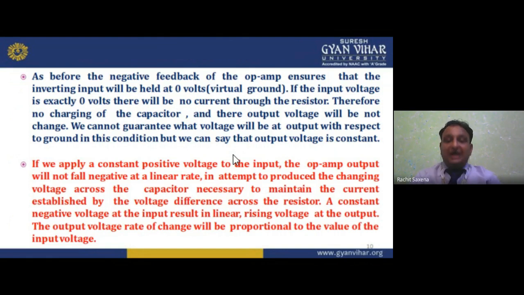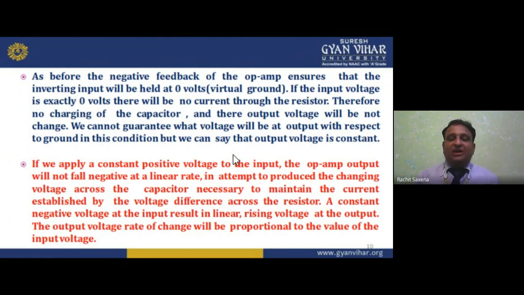We cannot guarantee what voltage will be at the output. Why? If current is not flowing, capacitor charging does not take place, then what will happen? So what voltage will be at the output with respect to ground in this condition? But we can say that the output voltage is constant.